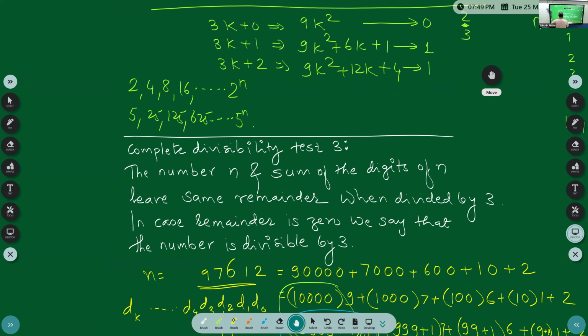We discussed that if the divisibility test is working for 2, then it will work for 5 also, because 10 is important for the divisibility test of 2. 100 is important for the divisibility test of 4, and therefore it is important for the divisibility test of 25, because 100 is a multiple of 25 and 10 is a multiple of 5.